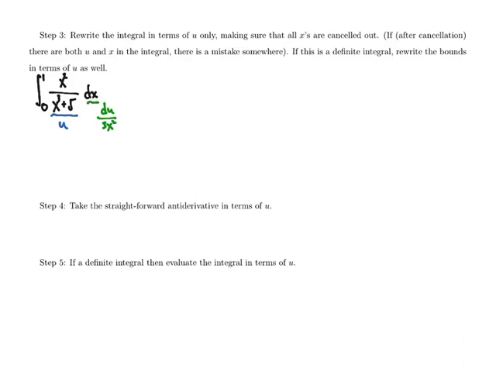So writing this all out, this is going to be the integral from 0 to 1 of x squared over u times du over 3x squared. And if we do things correctly, these x squareds should cancel out, and they do, and we are left with an integral from 0 to 1 of 1 over u times du over 3.